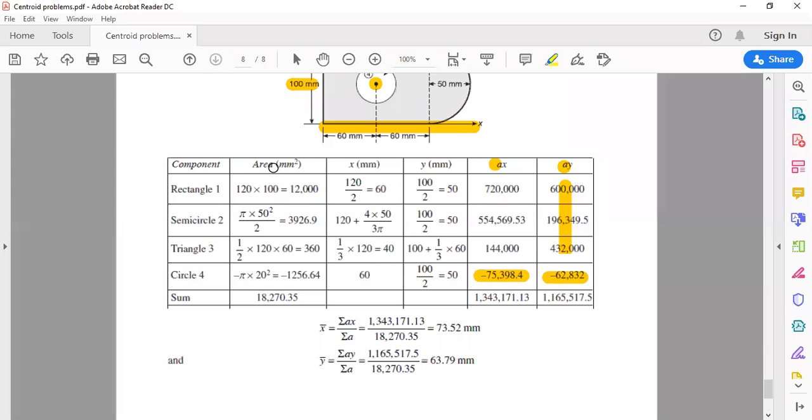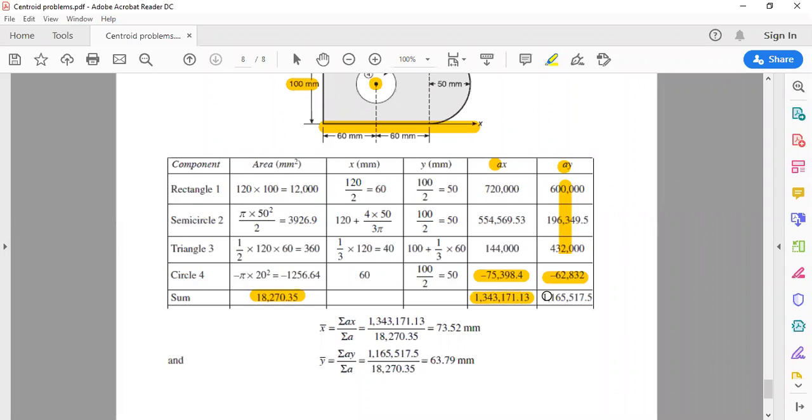So finally, summation. The summation of area will be 12,000 plus 3926.9 plus 360 minus 1256.64, which will give me 18,270. Similarly, Ax, considering this negative sign, will give me 13,43,171.